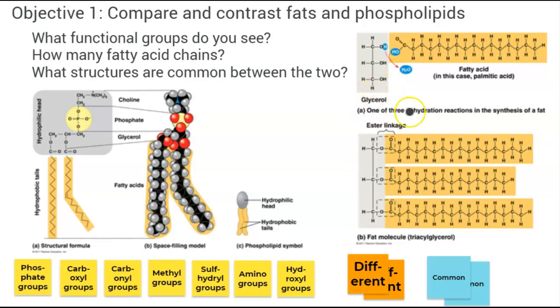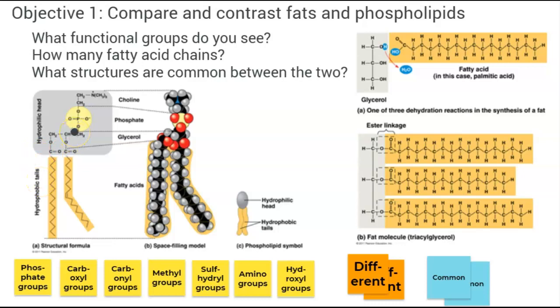So in this one, what you'll see is that this one on the bottom is the actual final fat molecule. They are showing you a dehydration synthesis reaction where you're losing a water molecule to add a fatty acid group onto the glycerol. And then you're doing that 3 times to create that fat molecule. Over here is a similar outline.